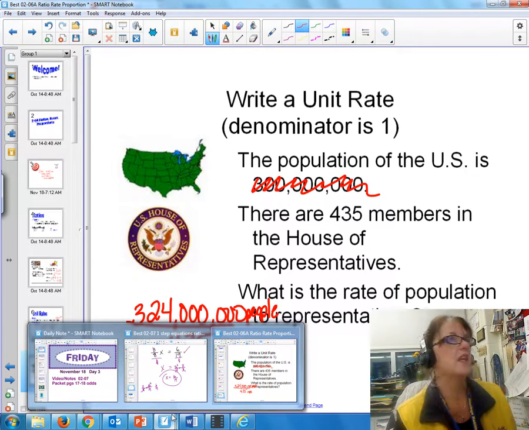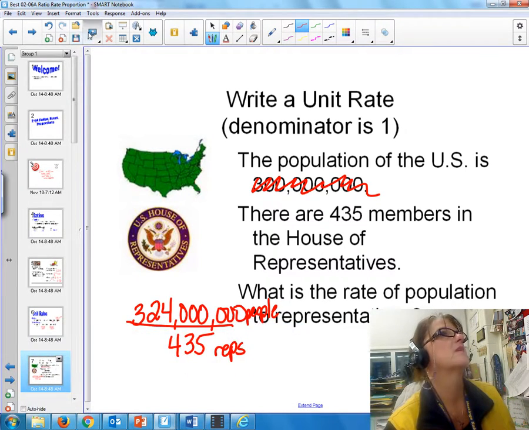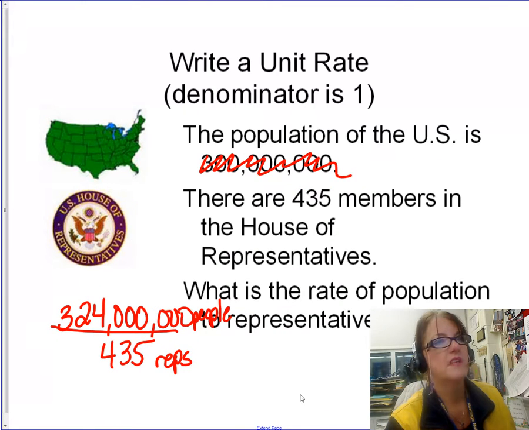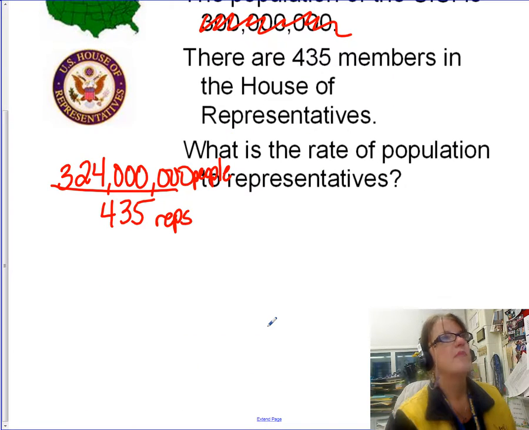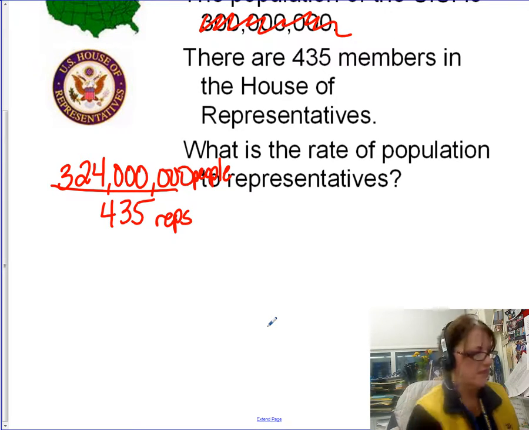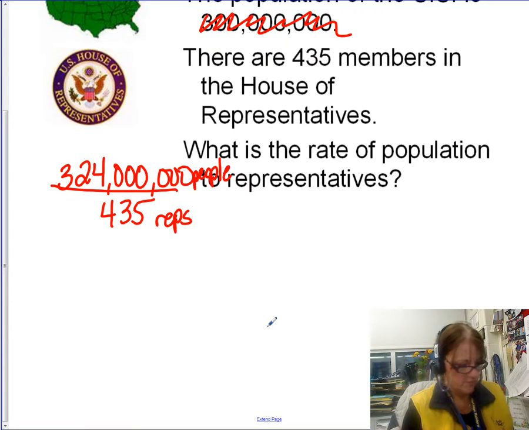Let me get this back on full screen for you so it gets a little bigger. Go ahead and crank it out and see what you come up with. 324 million divided by 435. Nice number, huh? Yikes. 744.